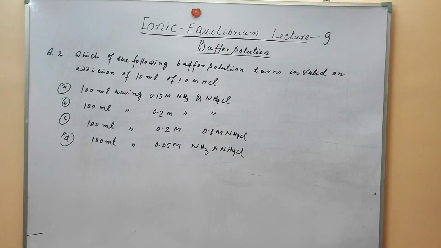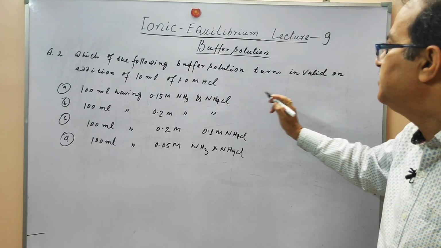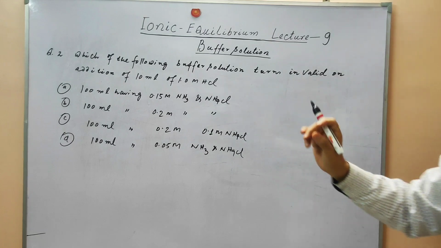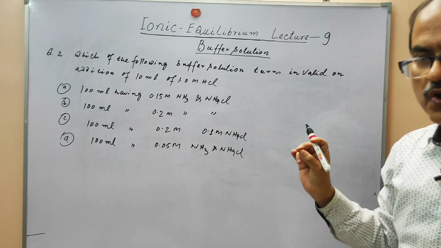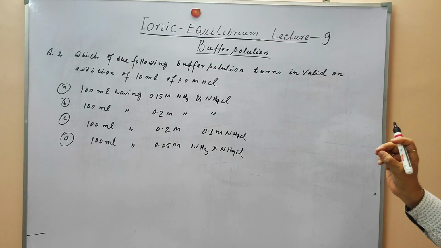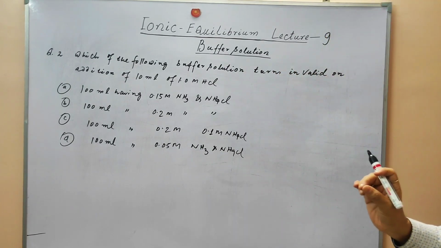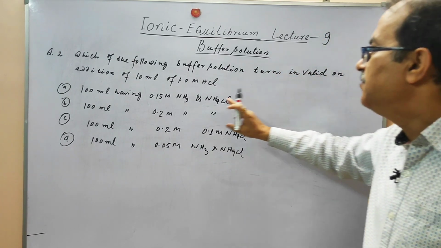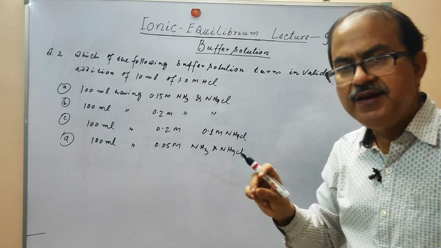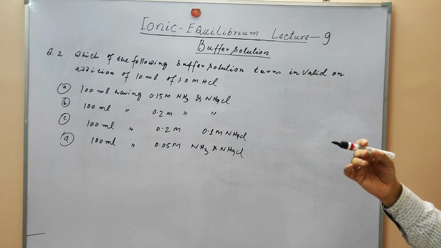Which of the following buffer solutions turns invalid on addition of 10 milliliter of 1.0 molar HCl? You can see this is the buffer solution, and the constituent buffering agents are ammonia and ammonium chloride. Okay, now when we put this HCl, what is going to happen? Now it will neutralize this NH3 and it will become NH4Cl.